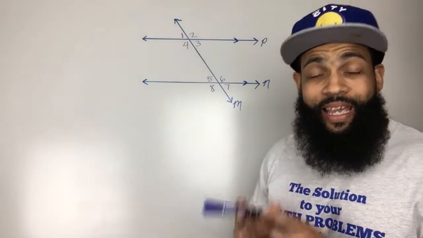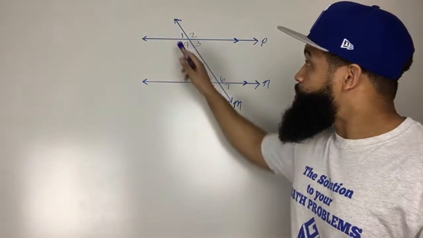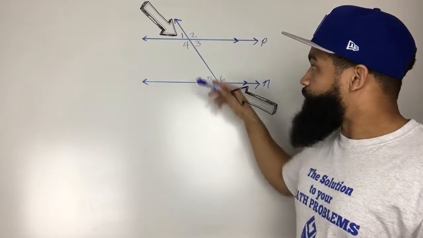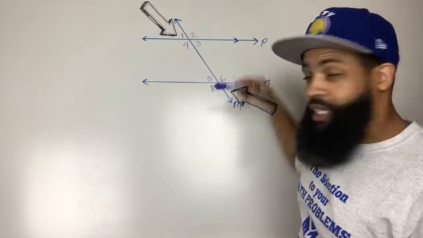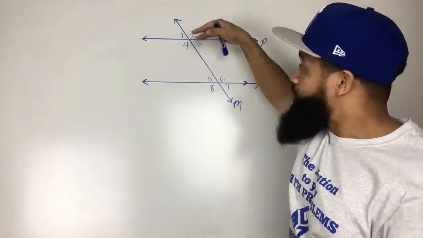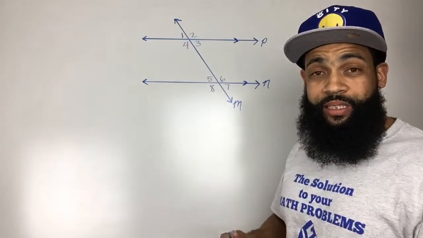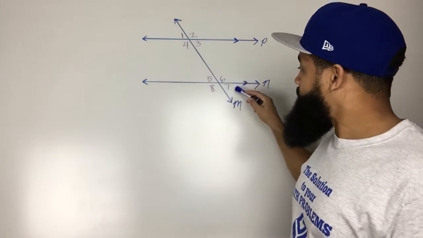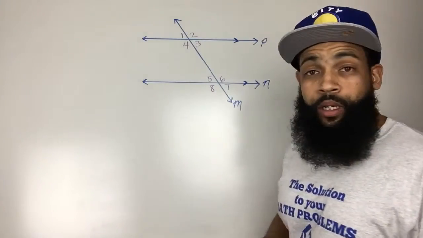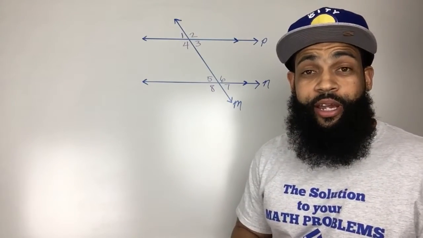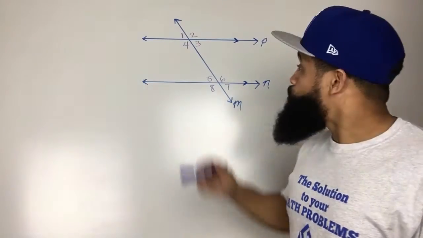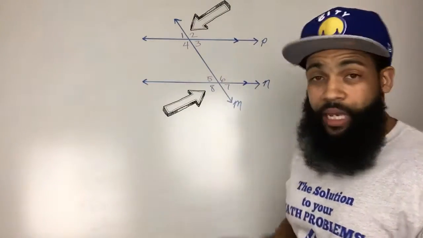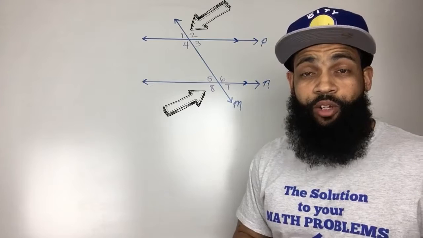So, alternate exterior angle examples would be angle 1 and angle 7. Notice angle 1 as well as angle 7 are on the outside of this set of parallel lines, and they're on alternate sides of the transversal. Another pair of alternate exterior angles in this particular diagram would be angle 2 and angle 8. They fall in the same category.